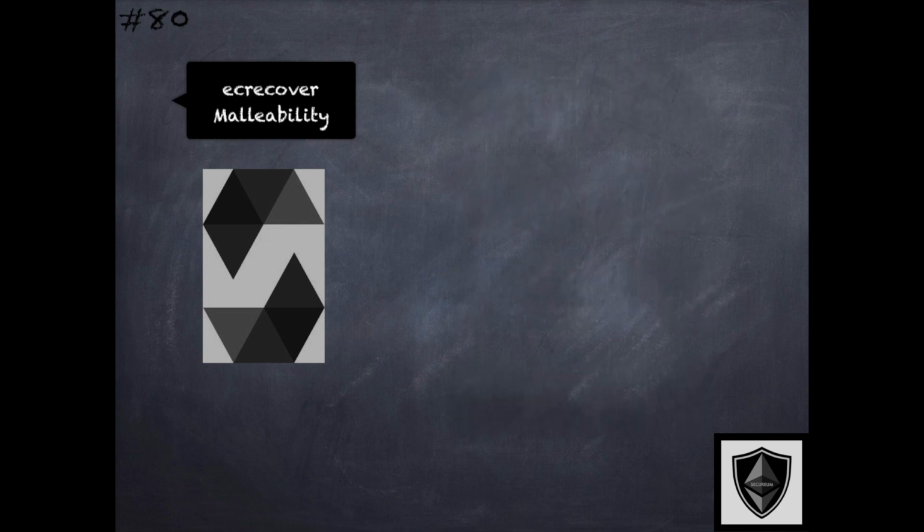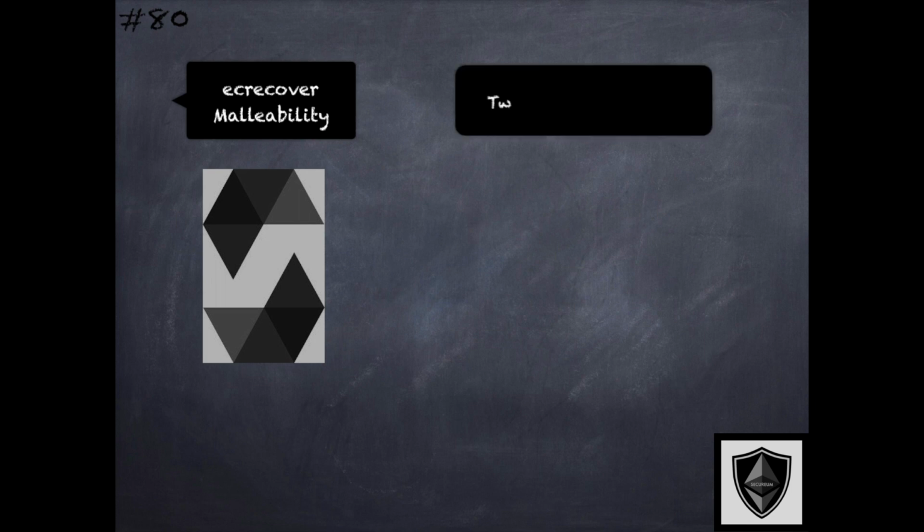ecrecover is susceptible to what is known as malleability, or in other words, non-uniqueness. In the context of signatures, this means that a valid signature can be converted into a second valid signature without requiring knowledge of the private key to generate those signatures.